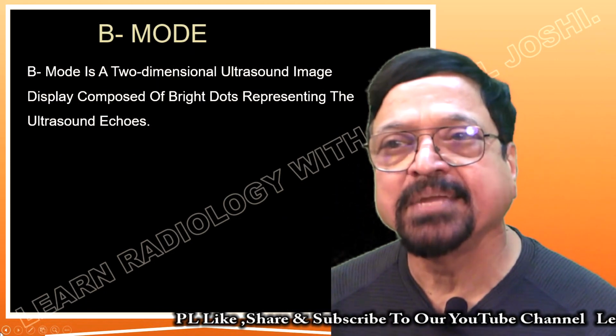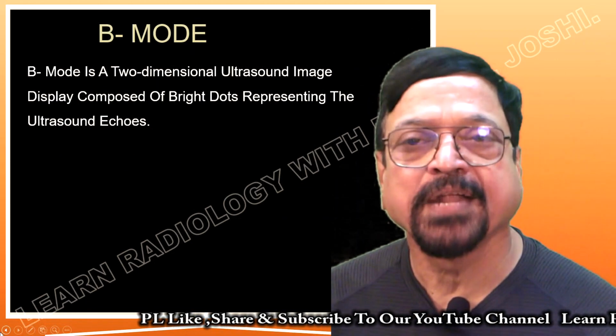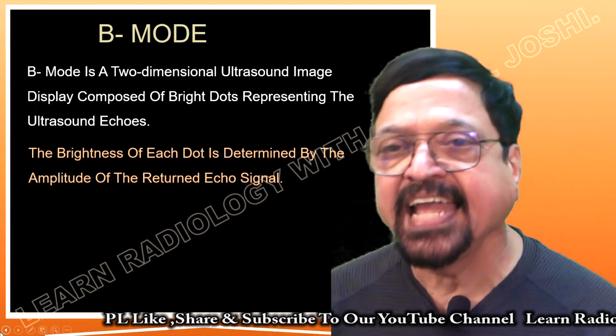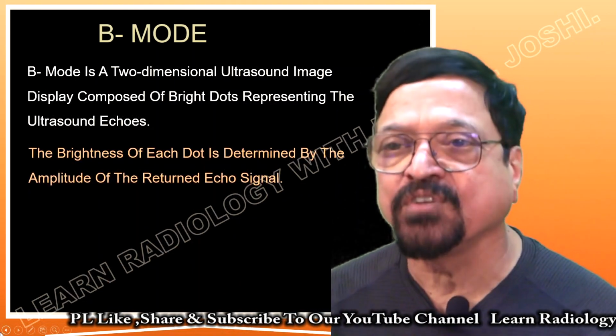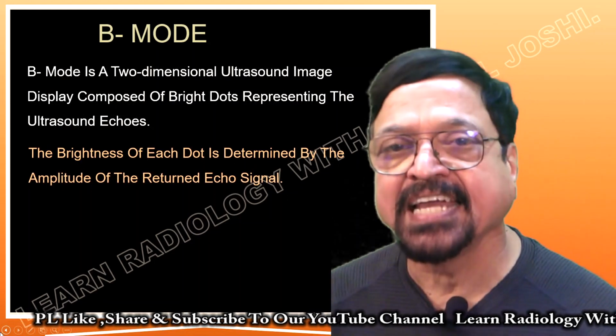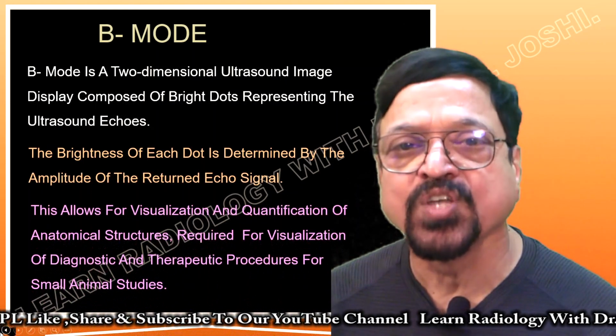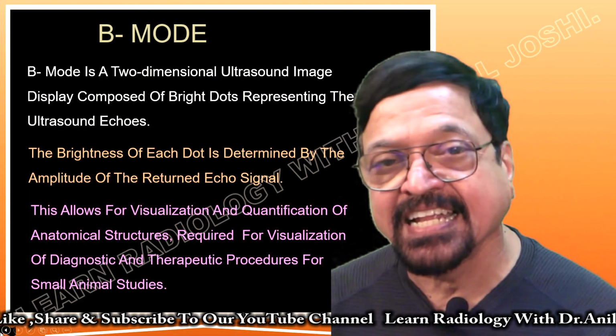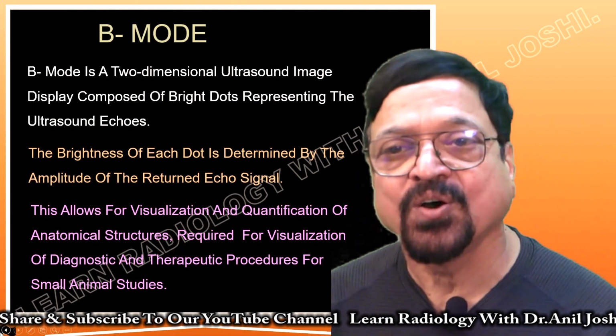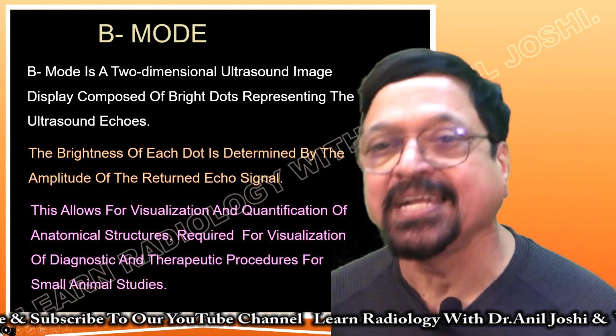As we have seen, it is a two-dimensional image display composed of bright spots, so there is a good grayscale, and the brightness of each dot is decided by the amplitude of the returning echoes, which in turn depends on the characteristics of the tissues we are imaging.